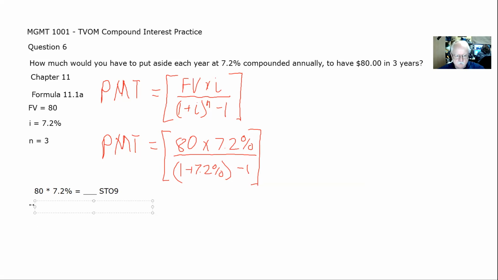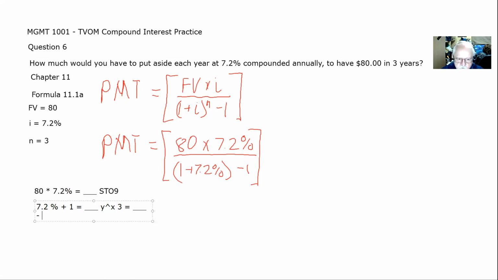For the denominator, I'm going to start with the 7.2, hit the percent, plus 1, see what that equals. Don't take it out of the calculator. Then we need y to the power of x, and that's 3. See what that's equal to. Don't take it out of the calculator.